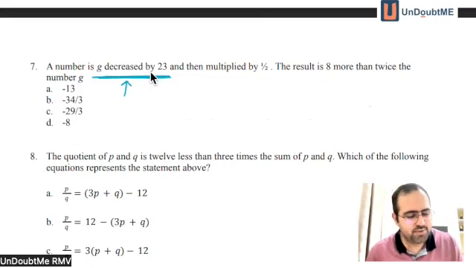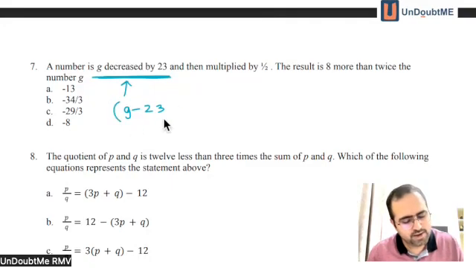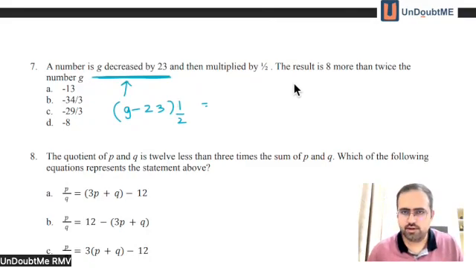So decreased by 23 means it will be G minus 23. And then multiplied by 1 by 2. So multiplied. And the result is 8 more than twice the number. So 2G plus 8.